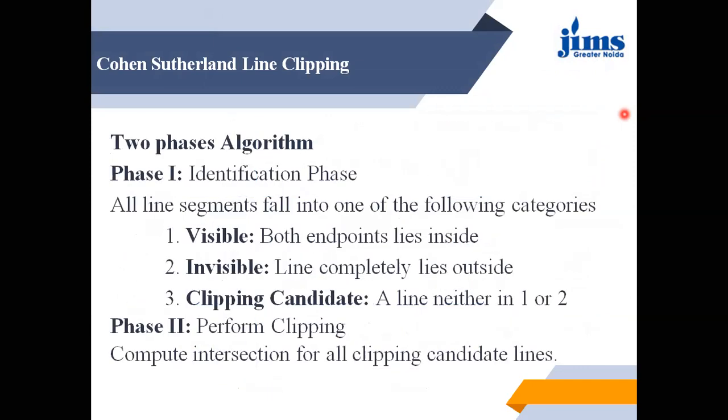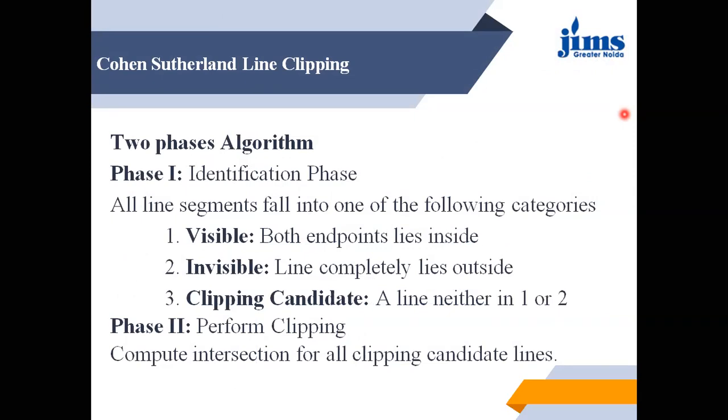And I told you that for this we have to use the Cohen-Sutherland line clipping algorithm, as this algorithm is widely used and very simple. This algorithm works in two phases.